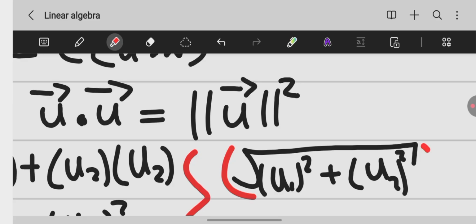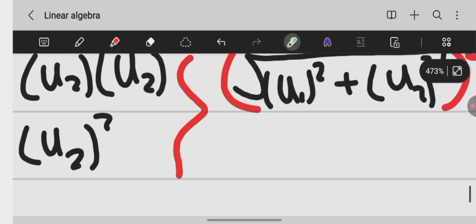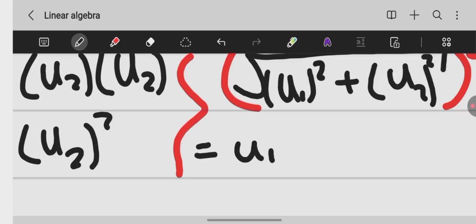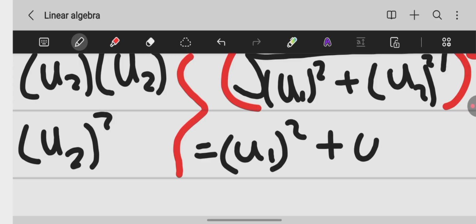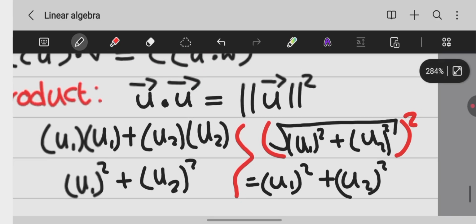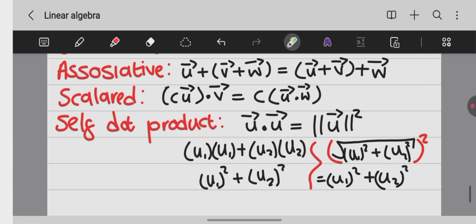So if we square that, remember what happens, the square root is going to cancel the square, and you'd basically just be left with u1 squared plus u2 squared, right? And this is why they're equal, and that's because the final answer is the same. So if you're given two vectors that are the same and are being dotted, just know that its magnitude squared is just this. So you don't even have to have the square roots, just have u1 squared plus u2 squared.